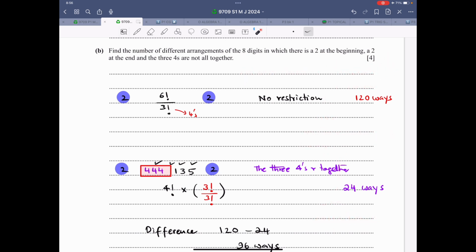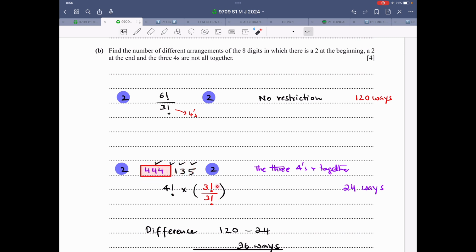But over here, the easiest way is that without any restriction, this is fixed, nothing to write. This is 6 factorial divided by 3 factorial for the 4s. This comes out to be 120 ways. Now the 3 4s are together. So put them in a box, that is 1 unit, 1, 2, 3, 4, that is 4 factorial. What is happening inside the box? Nothing.